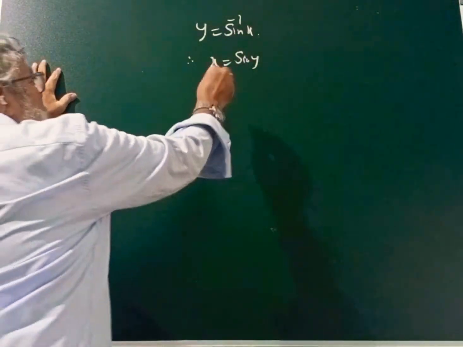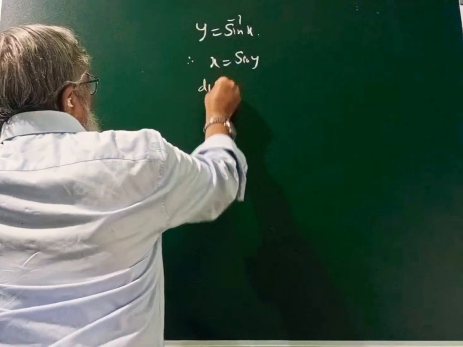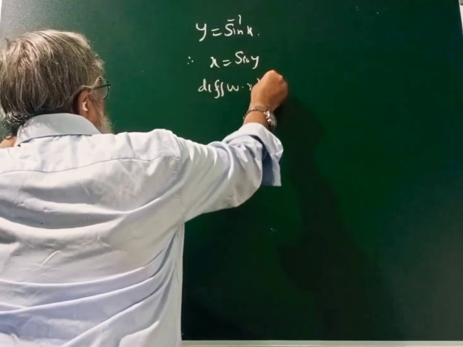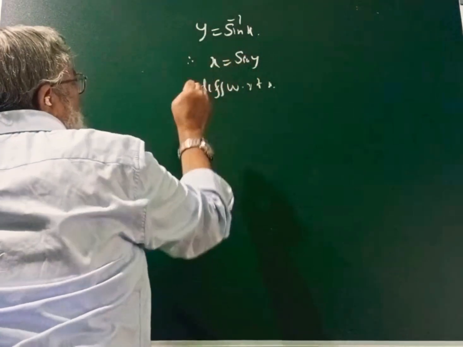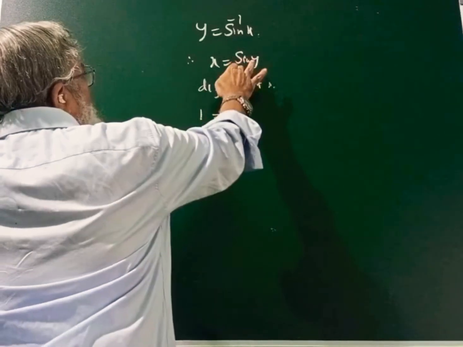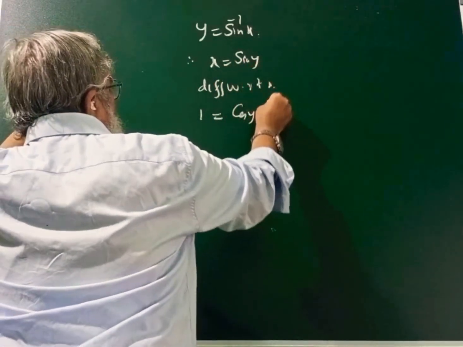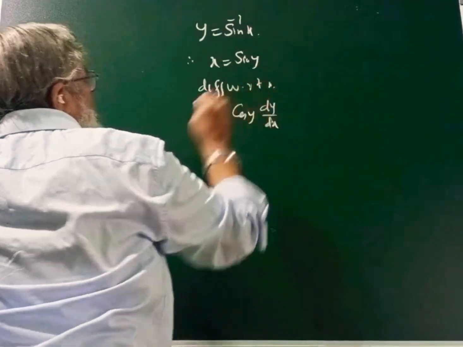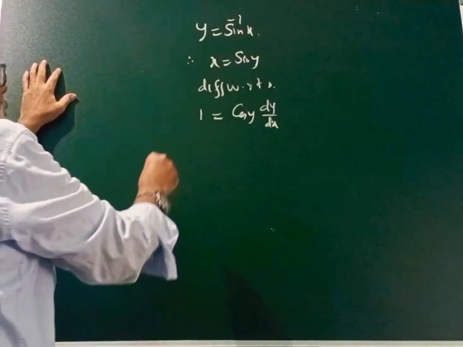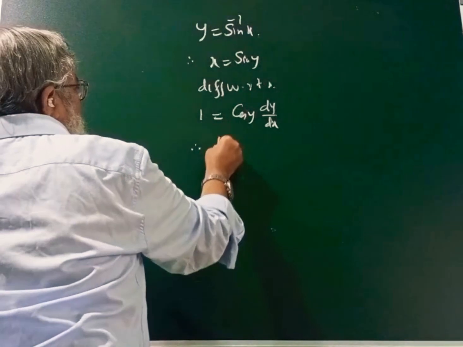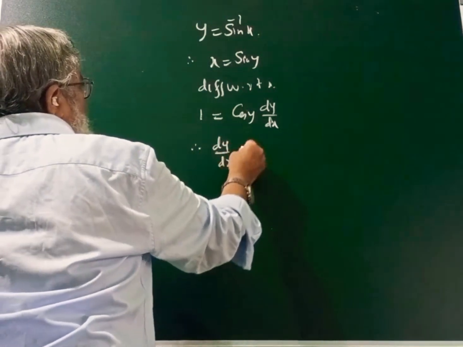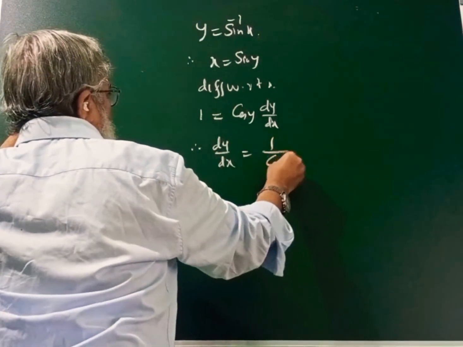Now differentiate with respect to x. Differentiation of x is 1. Differentiation of sin y is cos y, and differentiation of y is dy by dx. Therefore, we can write dy by dx is equal to 1 by cos y.